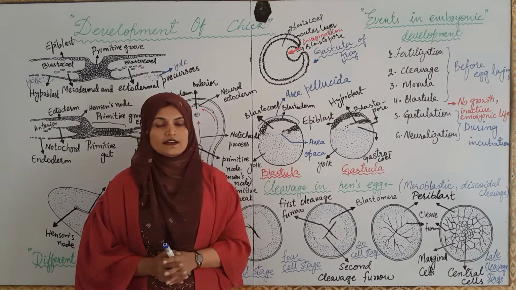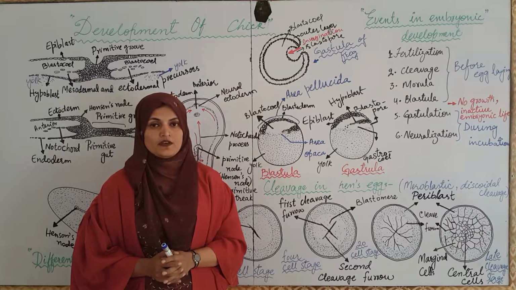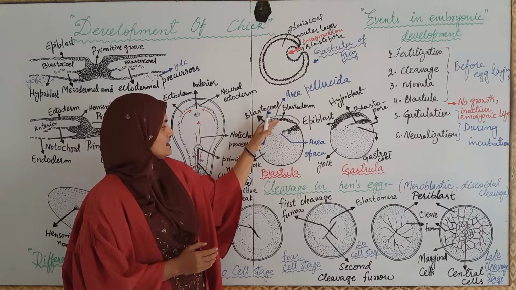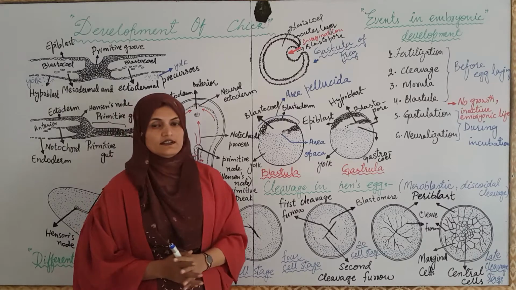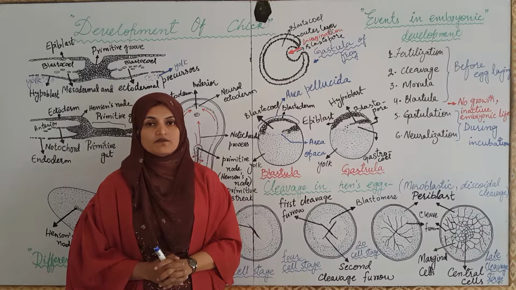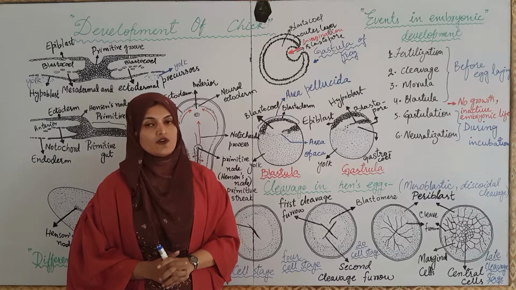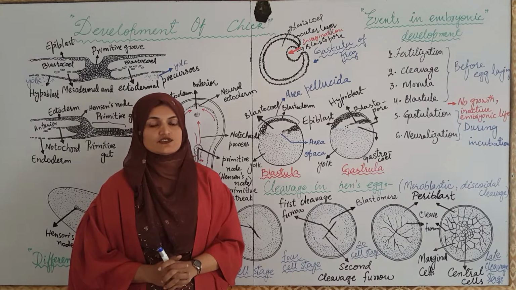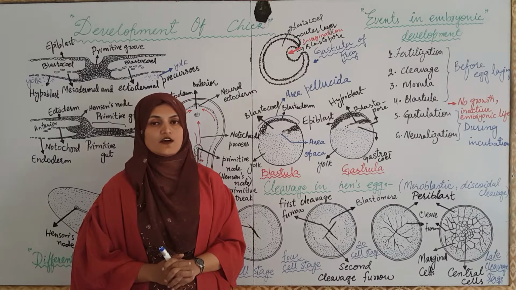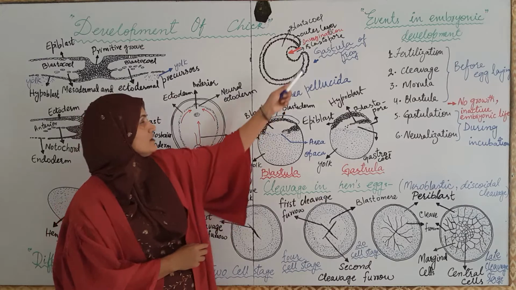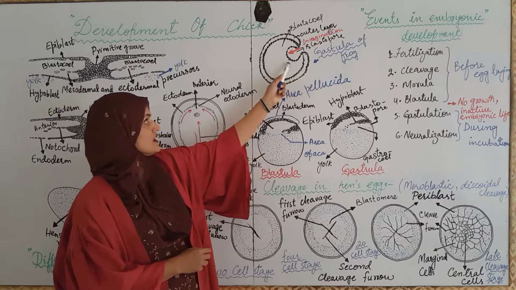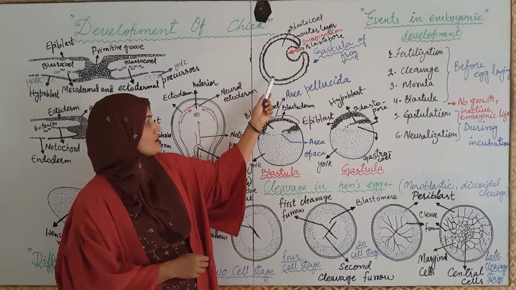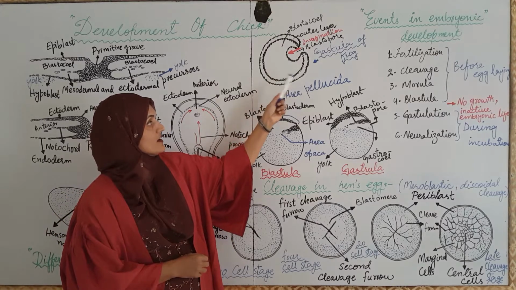The archenteron is formed because of the movement of cells toward the center, on the inner side. This type of invagination takes place in the frog.